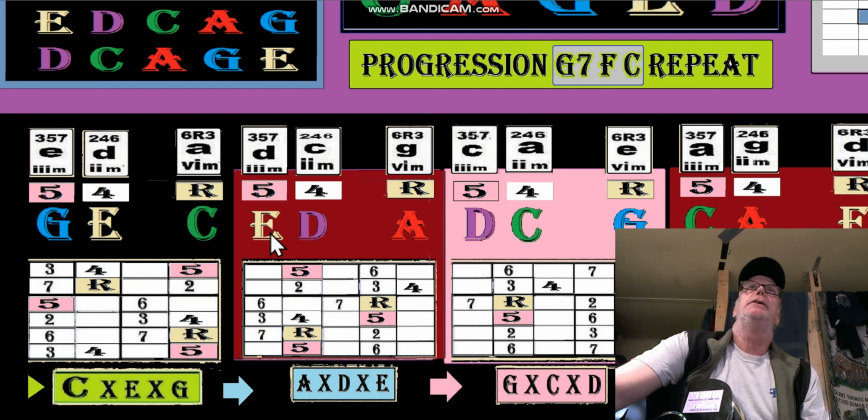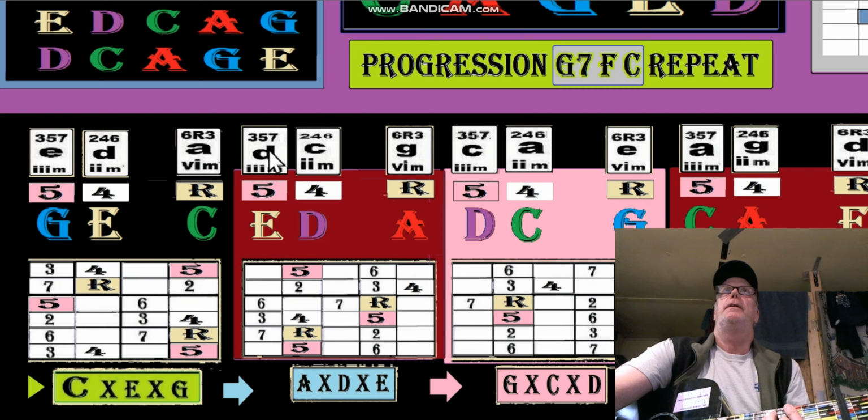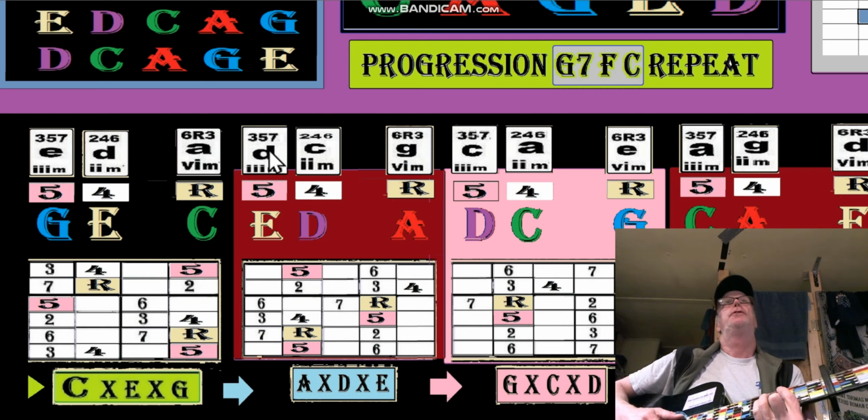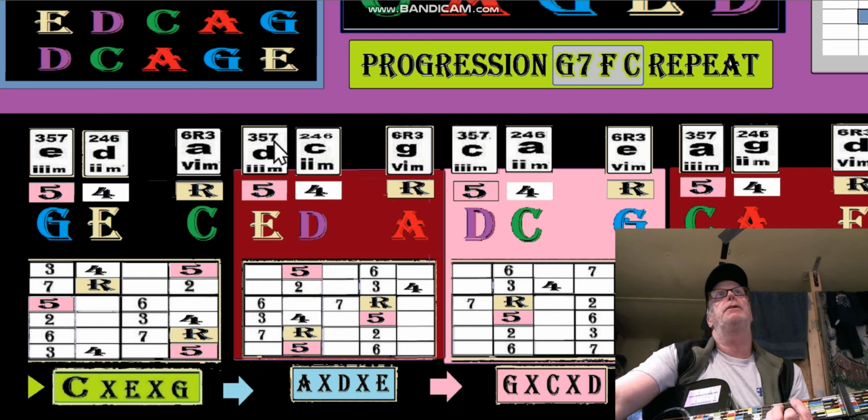The minor is going to be one below that E shape.